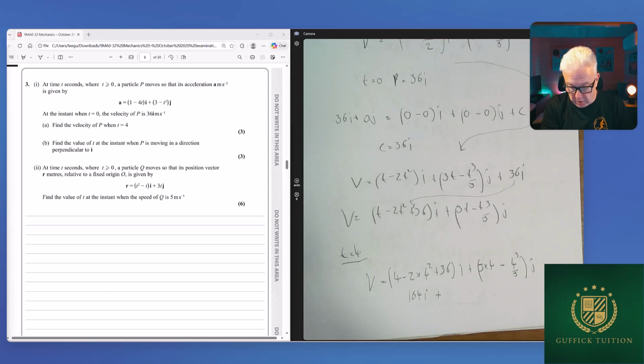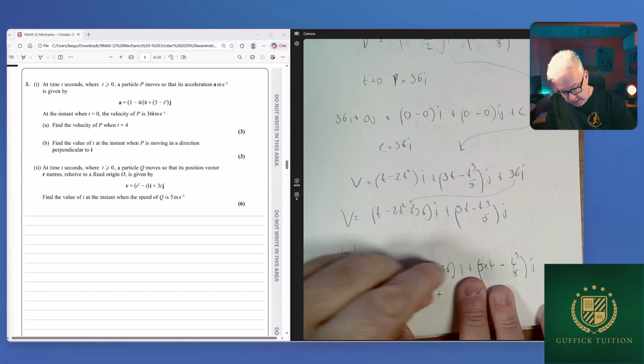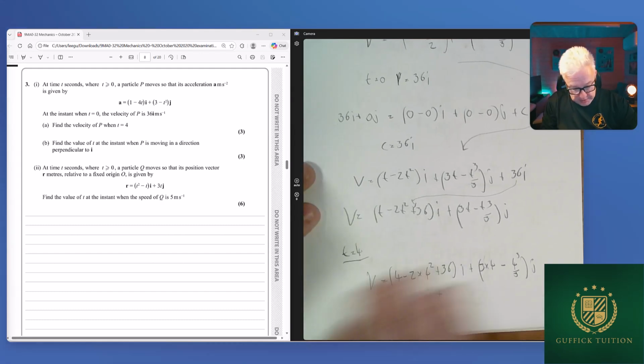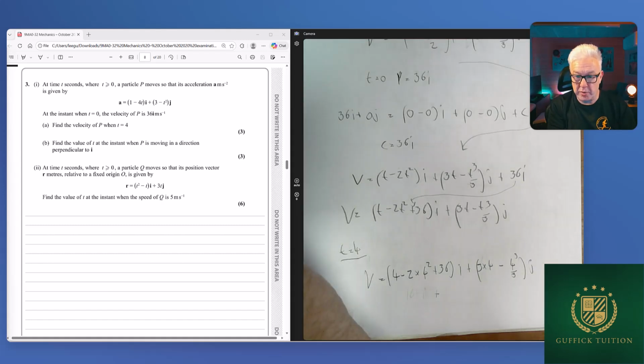Let's just double check. Oh, hang on a minute. Have I got the sign right there? That doesn't seem to be correct to me. Let me work that out again. I think I put them all in as pluses there. So it should be 4 minus 2 times 4 squared plus 36. There we go, that seems more sensible.